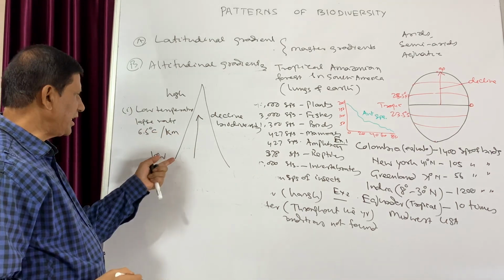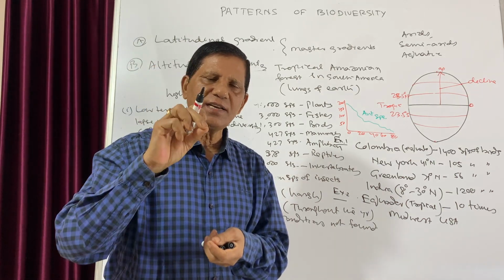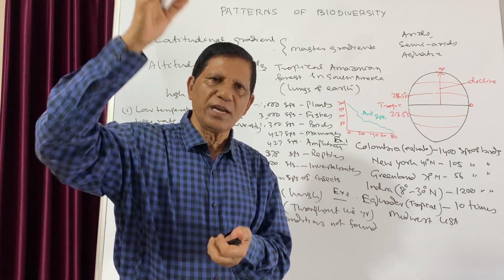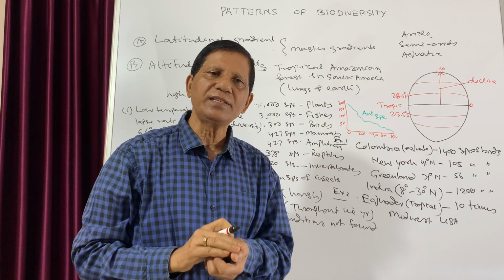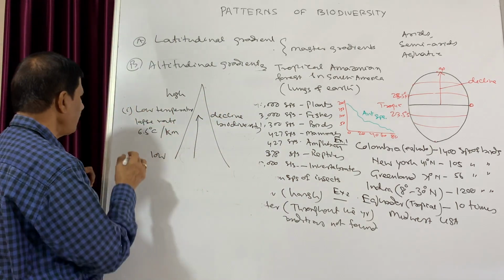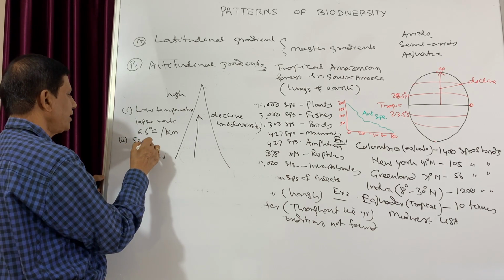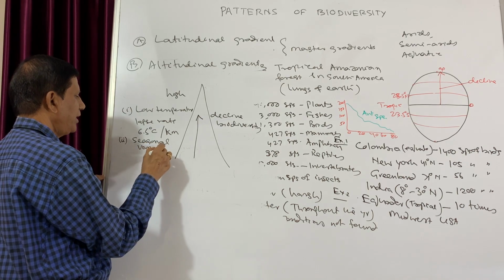That means from the sea level, when we move 1 kilometer, the temperature decreases by 6.5 degrees centigrade. At 2 kilometers above the sea level, that means 13 degrees centigrade. Likewise, the temperature decreases. And the second reason is that there will be seasonal variations.